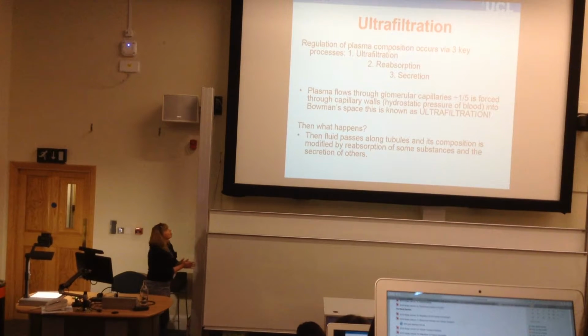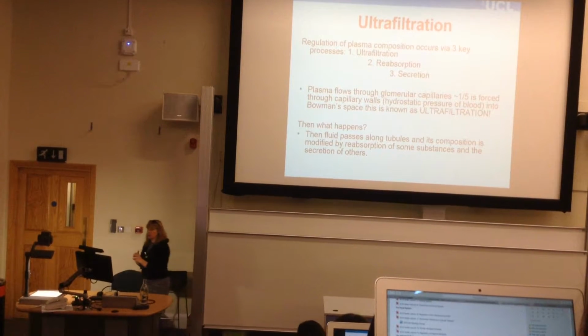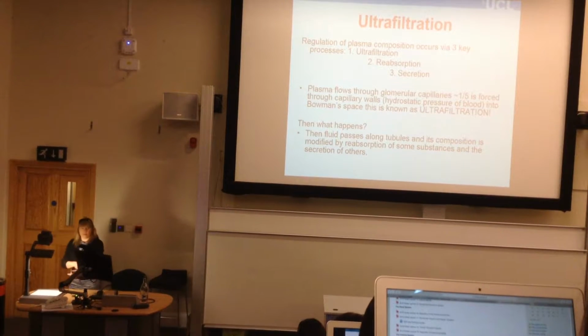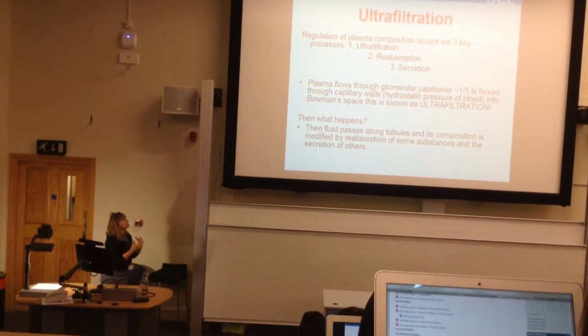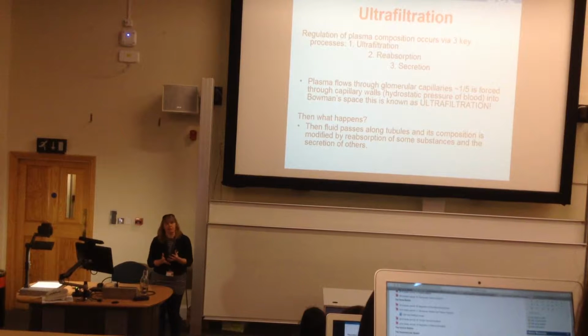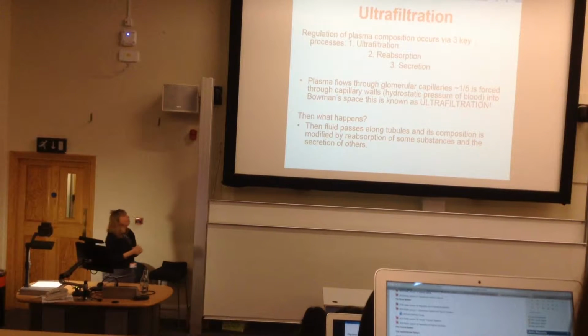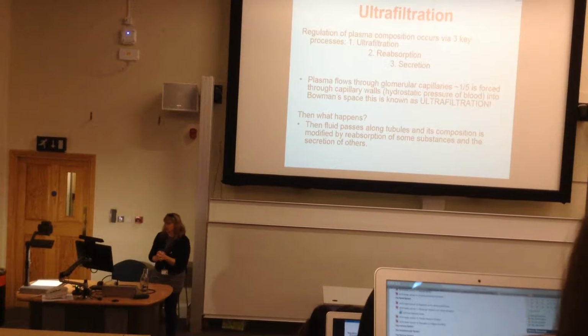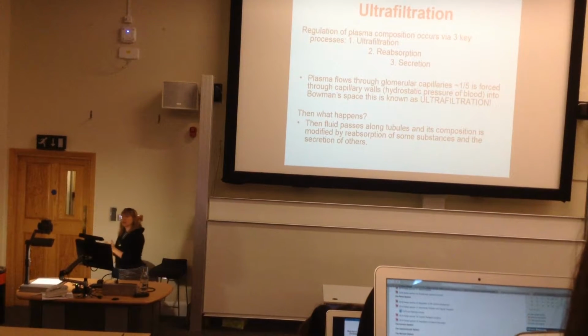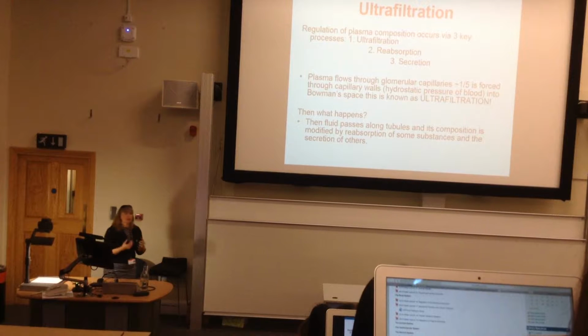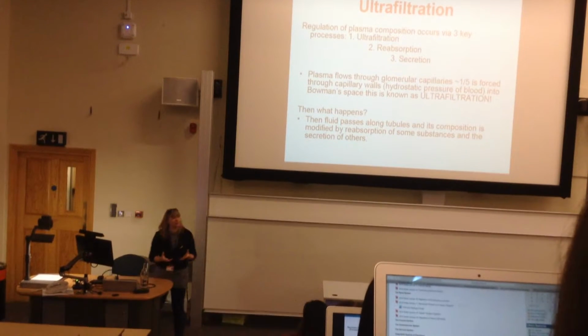So the process that we call ultrafiltration within the kidney is actually made up of 3 processes. The first is the ultrafiltration process, the filtering of our red blood cells to keep them in the blood away from the filtrate that's being generated. And then from the filtrate that's generated, we want to reabsorb anything that's valuable in there.